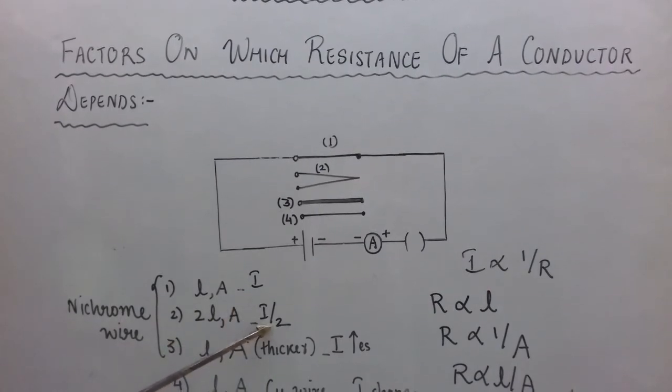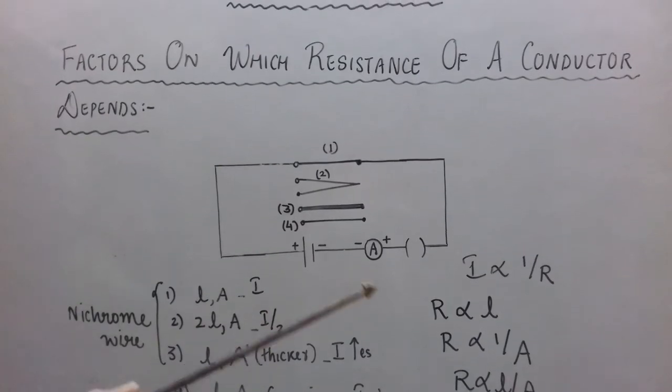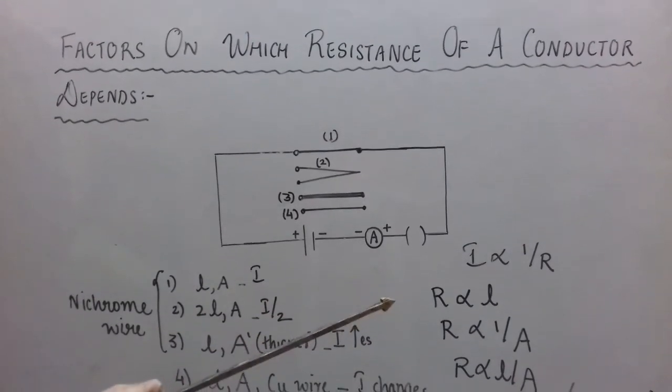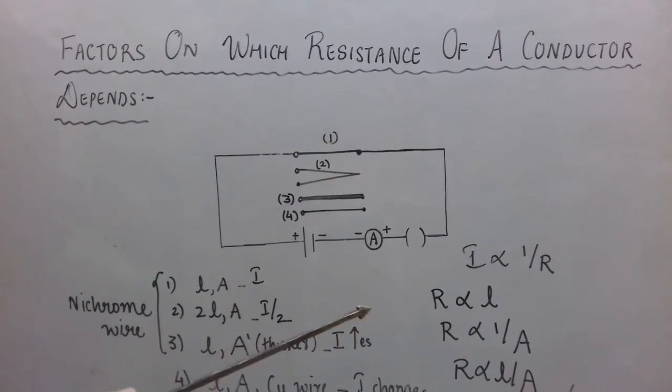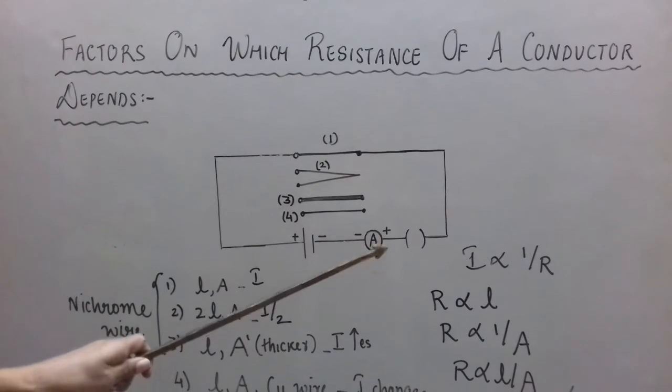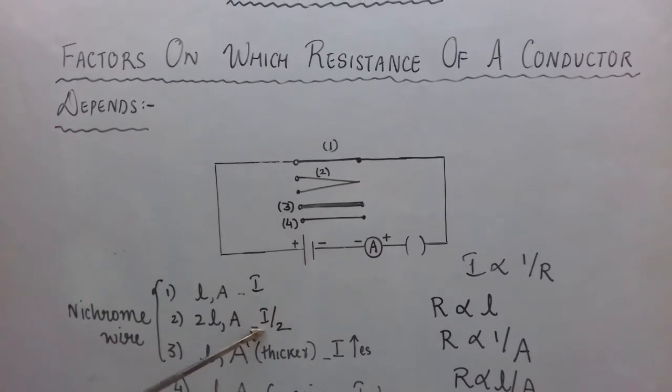Precise experiments show that resistance is directly proportional to length. So when the length is doubled, resistance gets doubled, and since I is inversely proportional to resistance, current becomes half.